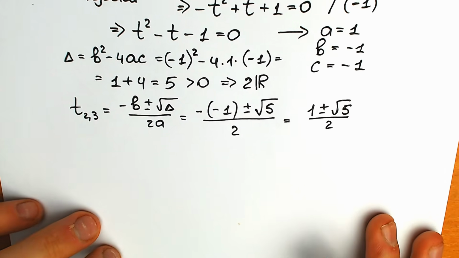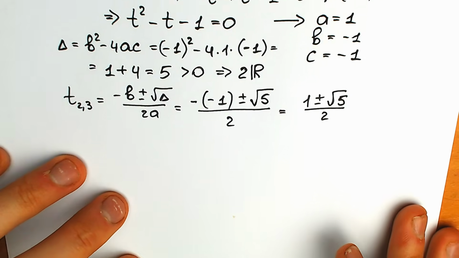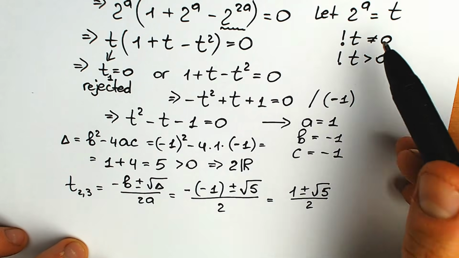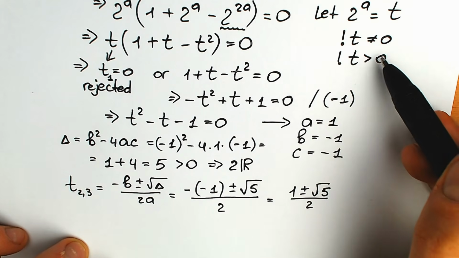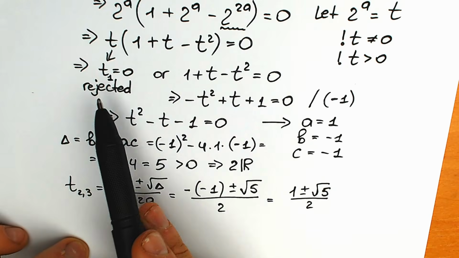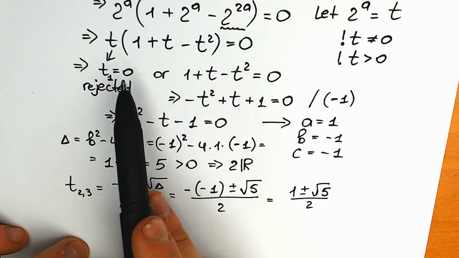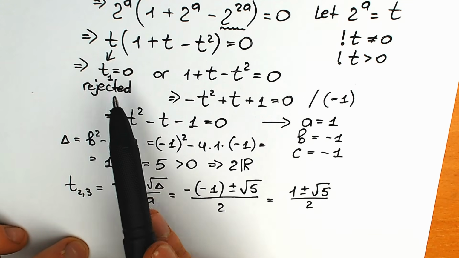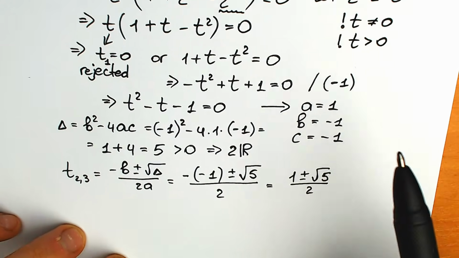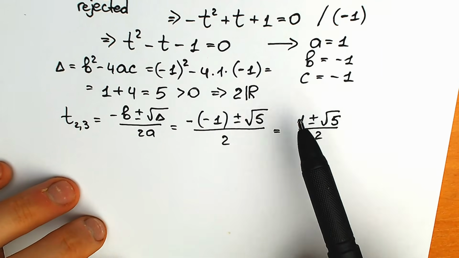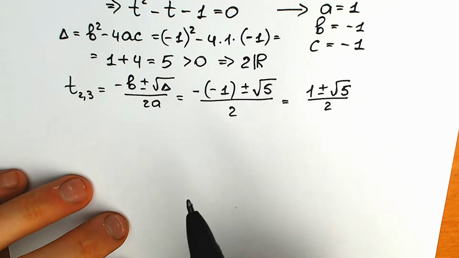Right now, a few thoughts about this t second and t third, because just remember that t is not equal to 0 and t is greater than 0. Of course, we rejected t equal to 0, but t also needs to be positive. And right here, I feel that one of these roots will be negative. So let's check it.